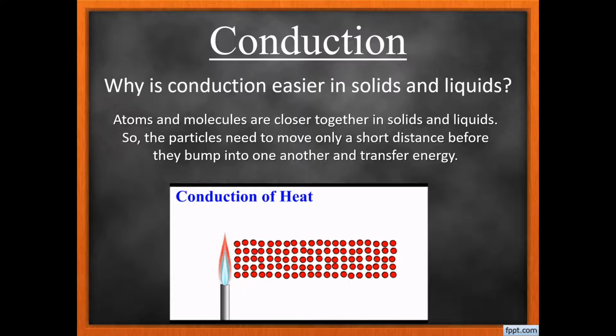But in this animation, only the atoms on the very left are actually absorbing the heat. They're getting hotter and hotter, but because they're next to other atoms, they're going to transfer some of their heat to their neighbors. And this is going to propagate down until all of them reach the same temperature.